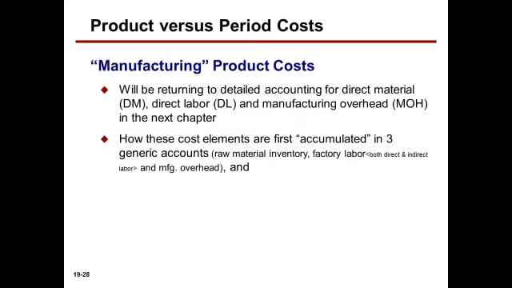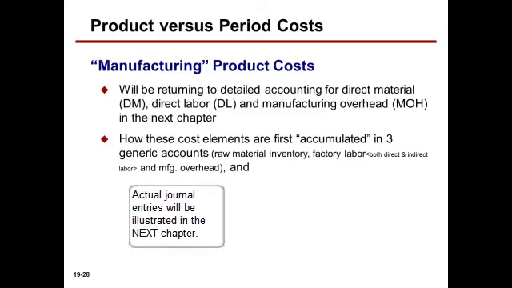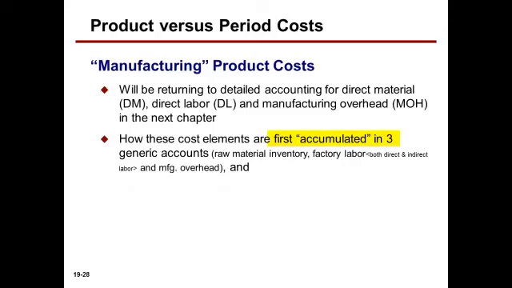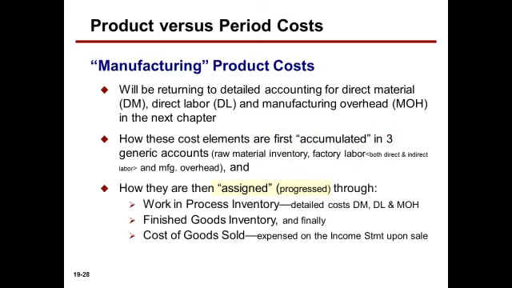We'll be returning to a detailed accounting for direct material, direct labor, and manufacturing overhead in the next chapter. Specifically, how these cost elements are first accumulated in three generic accounts: a raw material inventory account, a factory labor account, which initially includes both direct and indirect labor, and the manufacturing overhead. And then we'll see how they are assigned or progressed through the work in process inventory account.